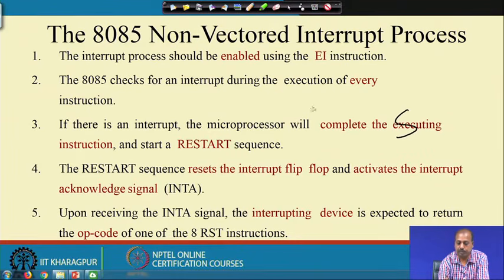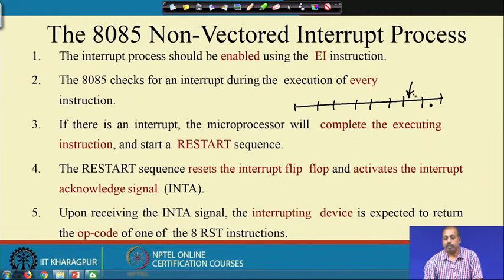An 8085 instruction takes a number of cycles, a number of T states. Suppose these are the different T states that the processor takes for executing. In the last T state, it will check whether any interrupt has occurred, and if so, after finishing the current instruction it will go to that interrupt service routine.